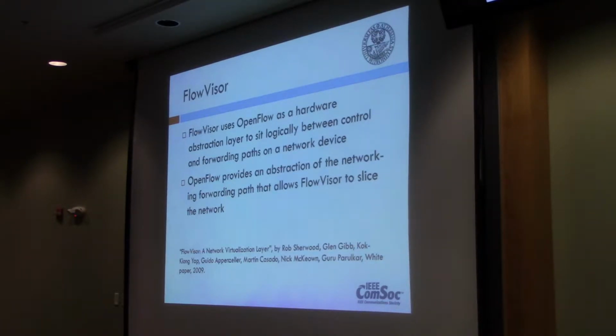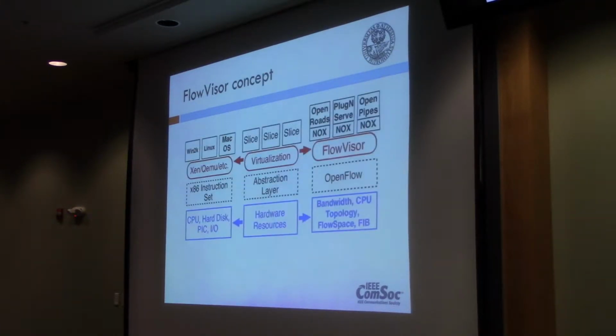So there can be a controller that can control everything, a controller that maybe controls only a few nodes, a controller that only sees half of the bandwidth, and so on. So FlowVisor is a level of abstraction between the controller and the switches. Okay, it works like this.